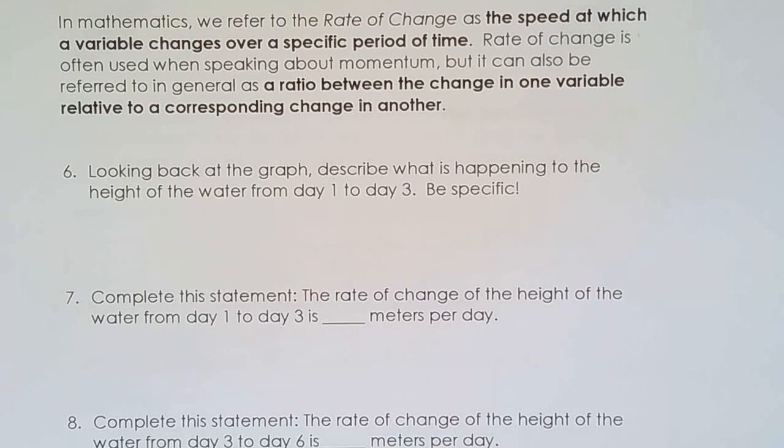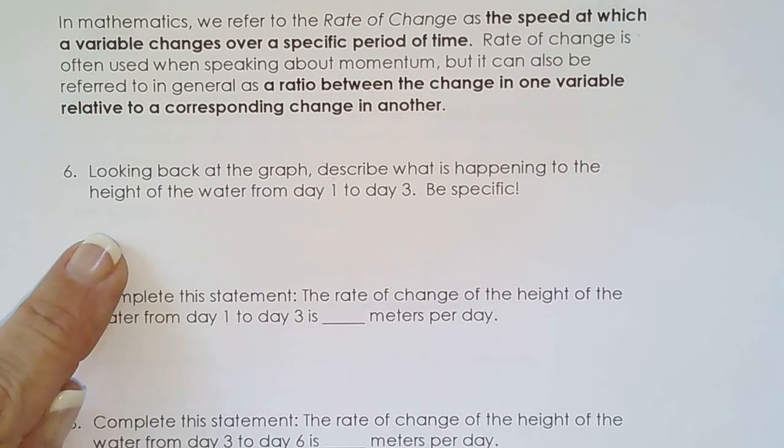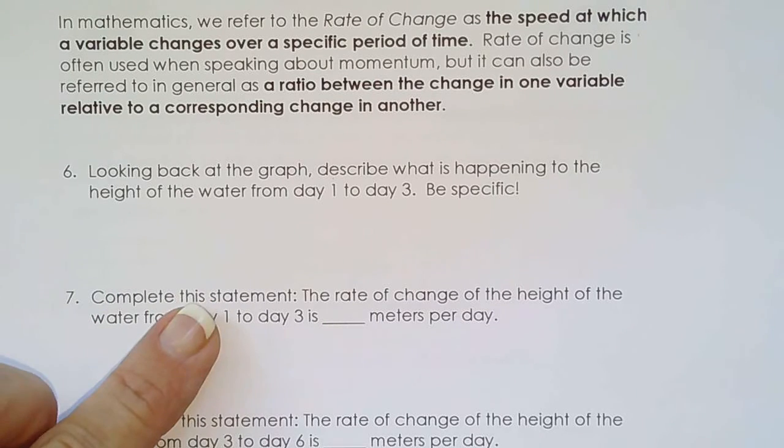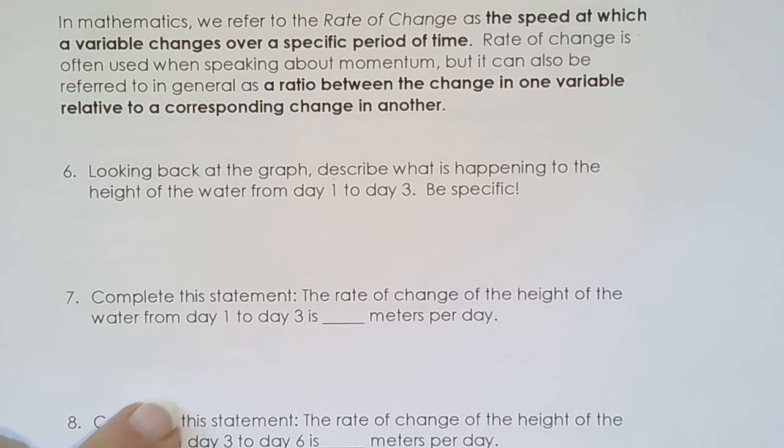So it's a speed, something is changing. So I have to always have the word per because it's per a specific period of time. So anytime you're looking for what the slope is or the rate of change or the speed, it'll always be revolutions per minute, miles per hour, kilometers per hour.